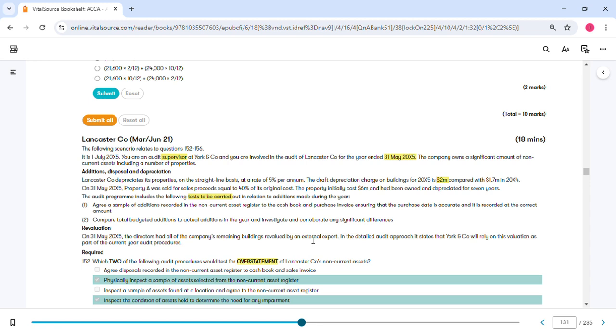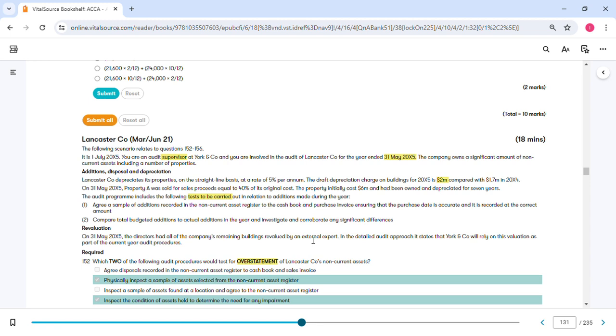Disposal proceeds is equal to initial cost times 40%, which is 6 million times 40%.